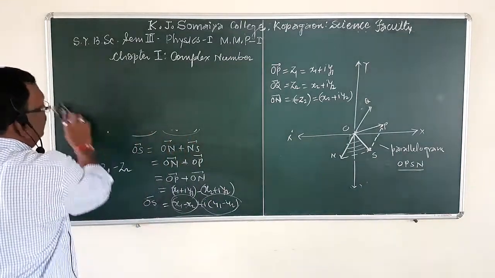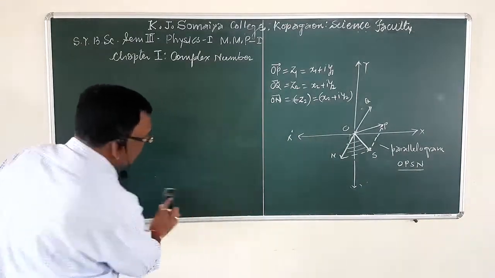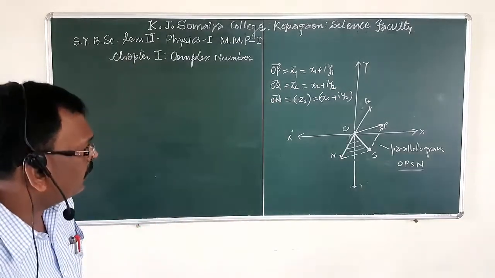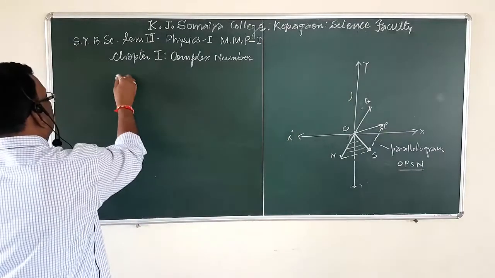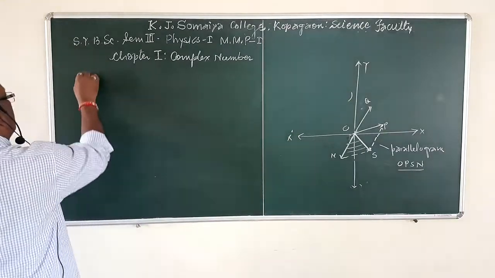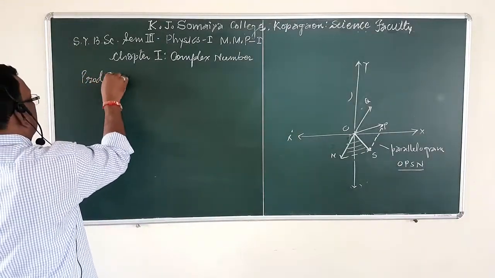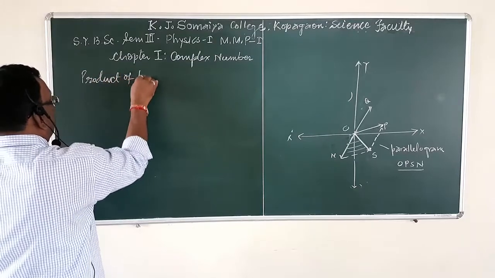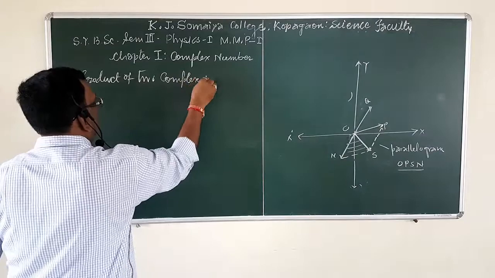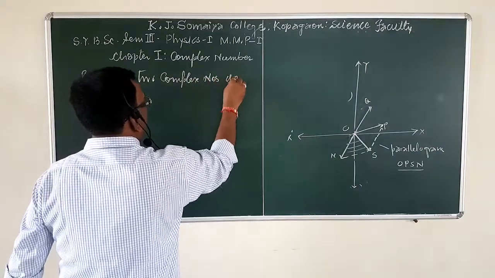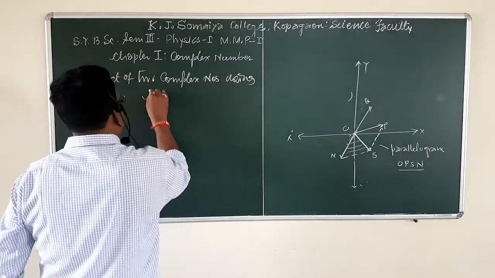Then there is the third algebraic operation by using Argand diagram: product of two complex numbers using an Argand diagram.